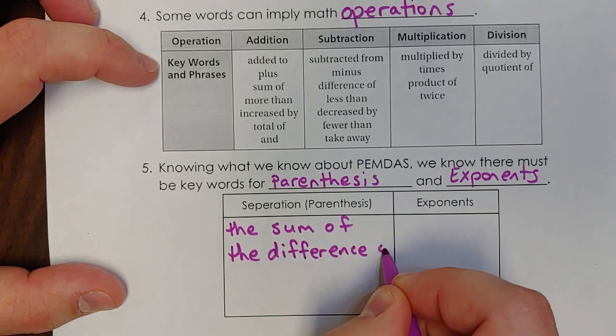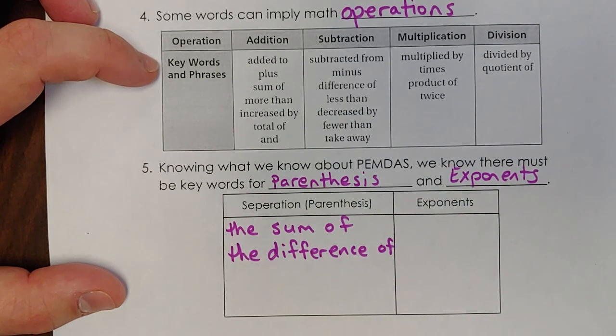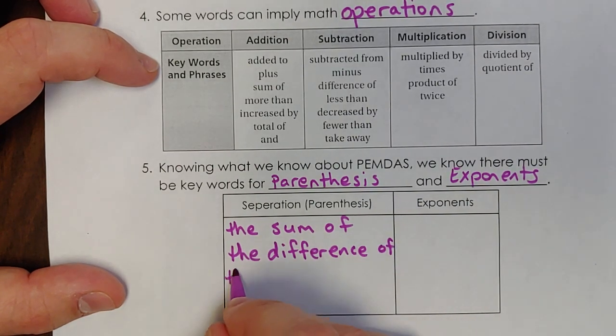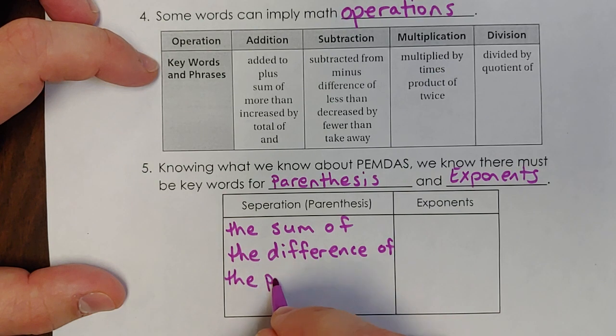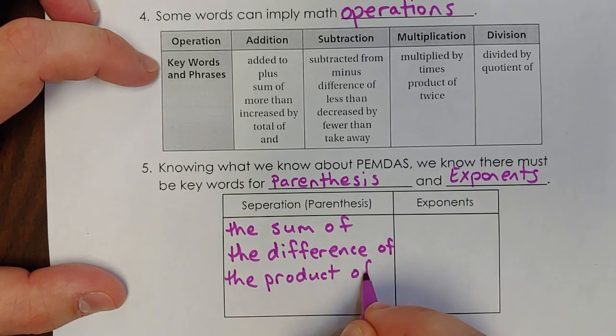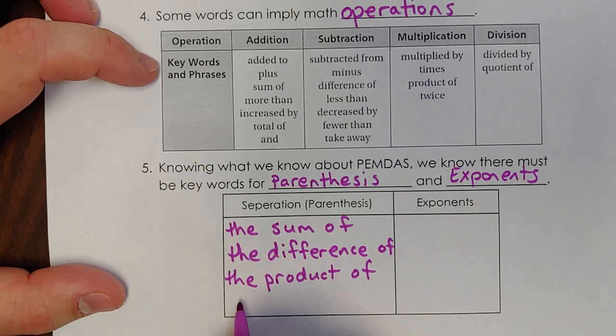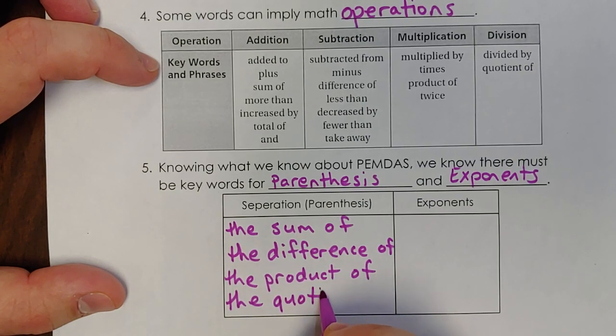Subtracting. Yep. The product of. That's multiplication, and yep, and then the quotient of. Dividing. Yep. Go ahead and get this down, Jeremiah.